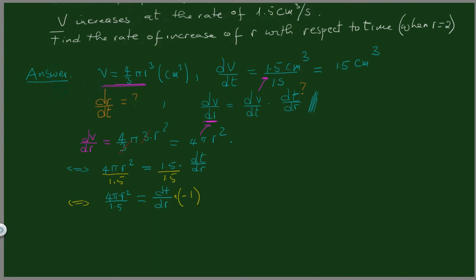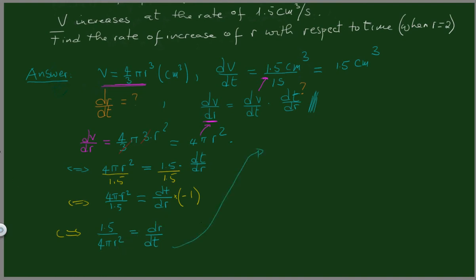So that's going to give us 1.5 divided by 4 pi r to the 2 equals dr by dt, and this is what we're looking for, because we were looking for dr with respect to time. That's what we got.